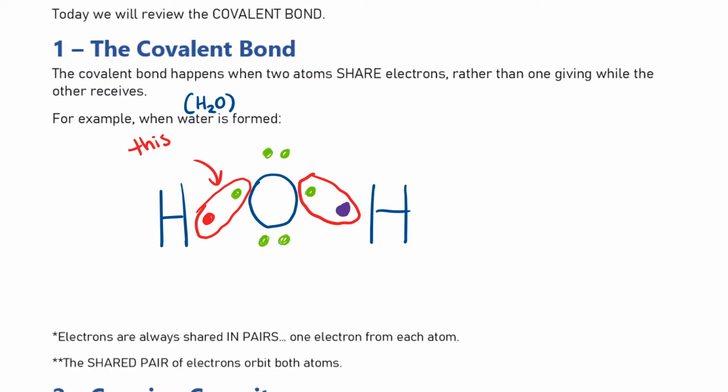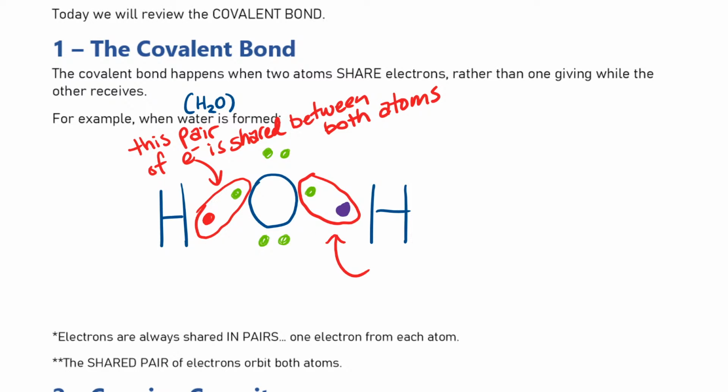So this pair of electrons is shared between both atoms. And what that really means is that these electrons actually orbit both atoms.